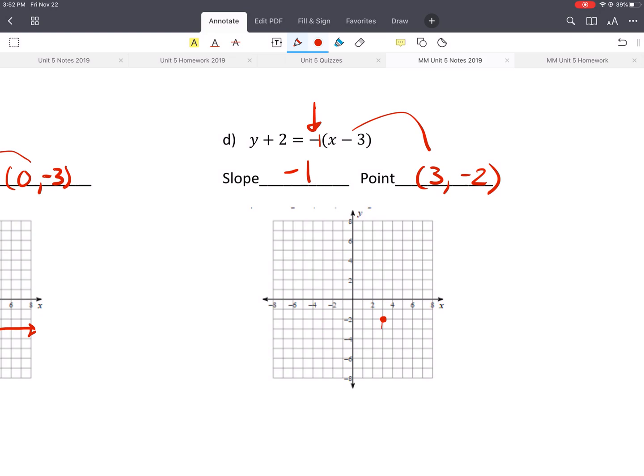So it's down 1 over 1. Okay, and that would continue all the way out of the graph. Okay, something like that. So if you have any questions on that, please let me know.